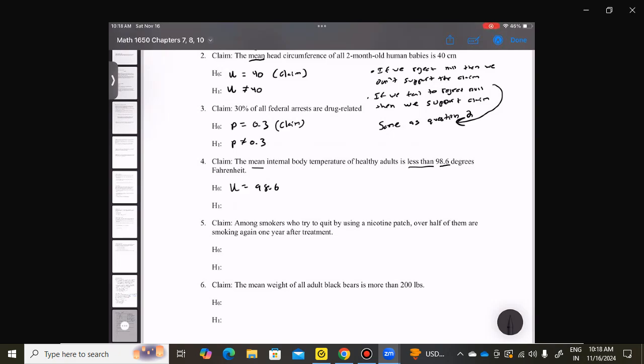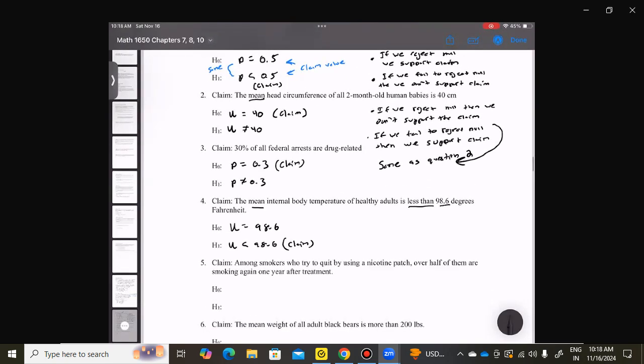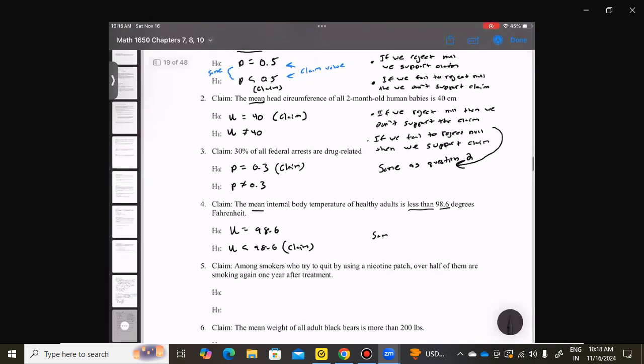And then the alternate is less than, so mean is less than 98.6. And the claim is our alternate. And so if we reject the null, we are supporting the claim. So this is the same as question 1.